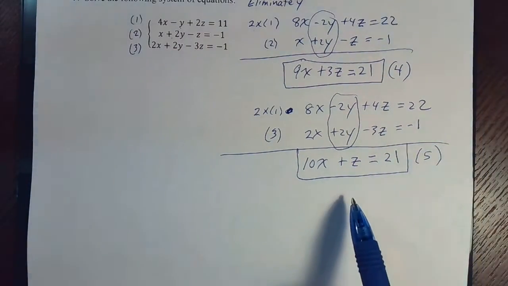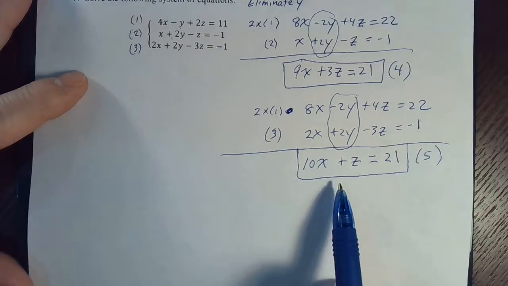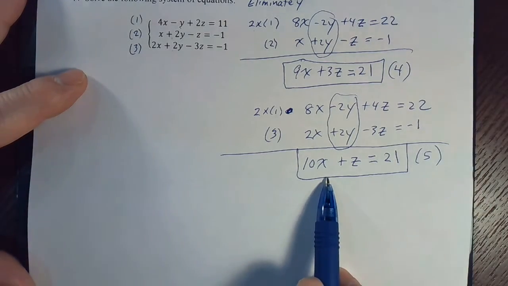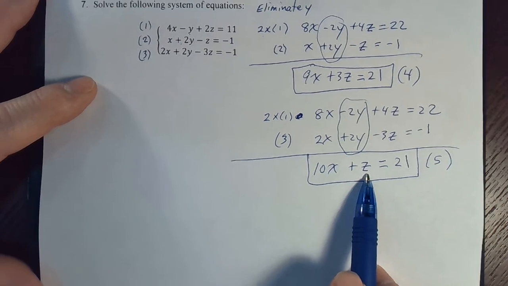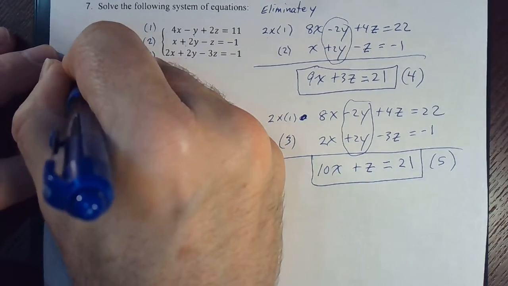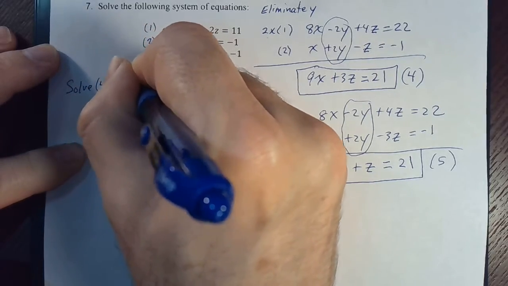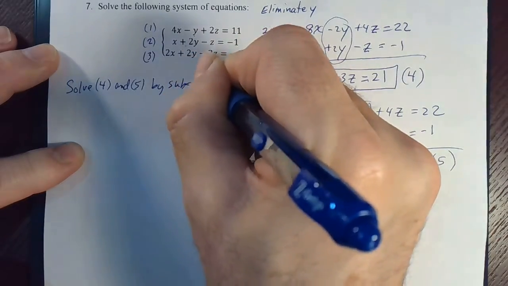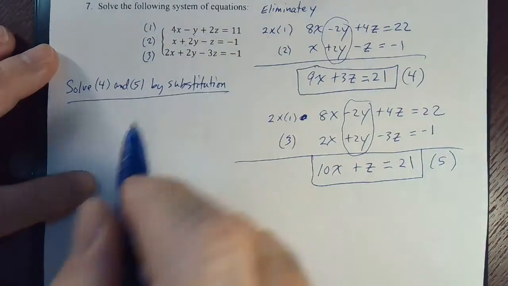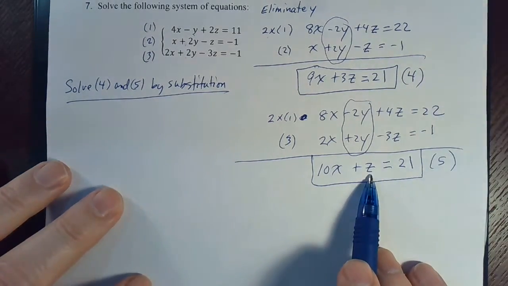All right, so we could use either substitution or elimination when we get to this point, as always. I'm going to use substitution this time. I'll make a note: solve 4 and 5 by substitution. I'm going to solve this for z.